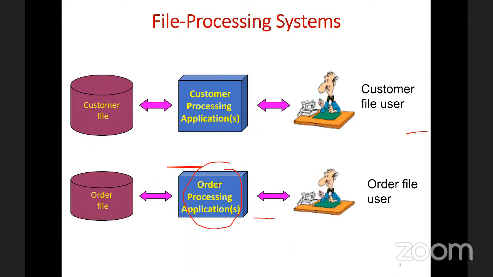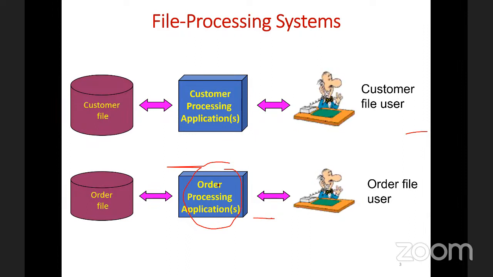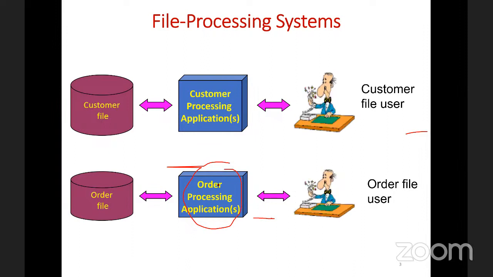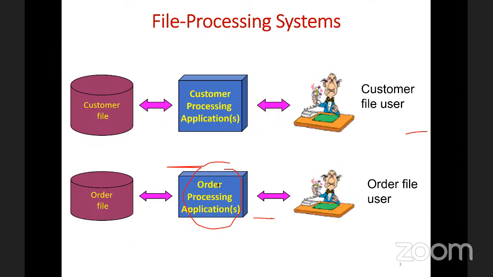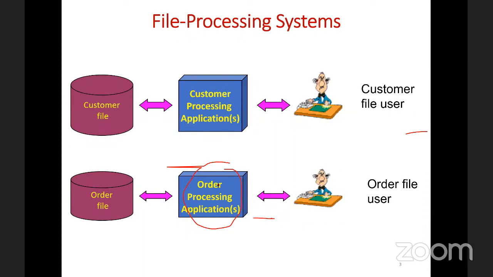And then when we are writing application programs, as you can see here, they are very dependent on the file formats, and these files were often incompatible with one another. Therefore it becomes difficult to represent data from the user's perspective. What do we want? For example, take a simple example of a bill.